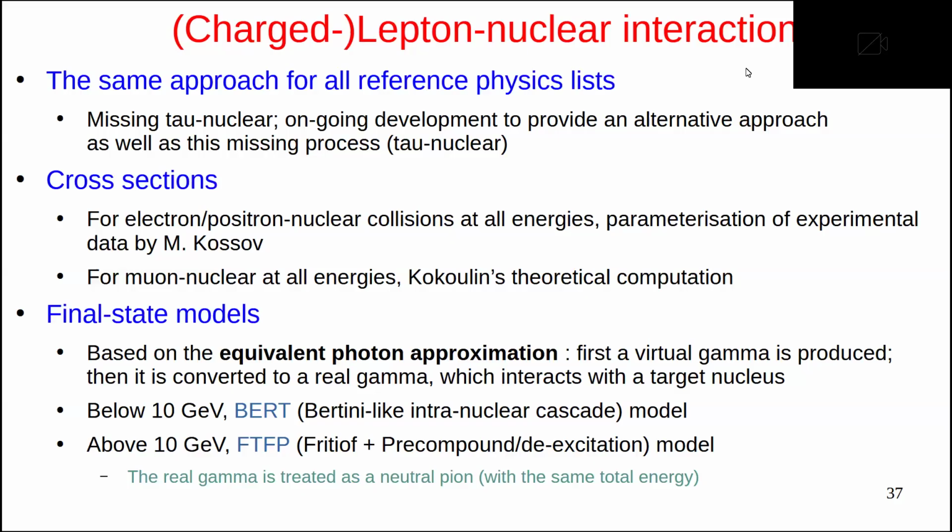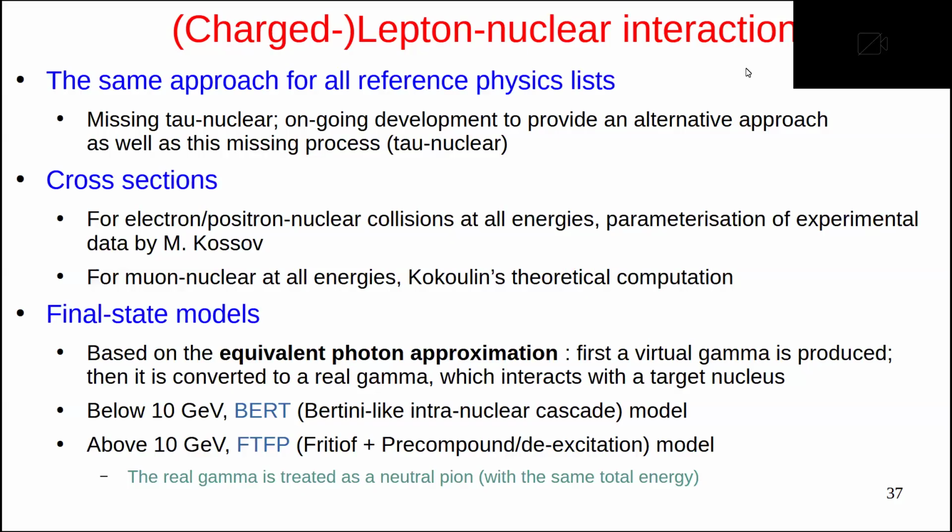So currently, there is no tau nuclear interaction in Geant4, but we are trying to close that hole. We are using, for electron-positron nuclear collision, parameterization of experimental data by Mikhail Kosov. And for muon nuclear, we are using Kokoulin theoretical computation.